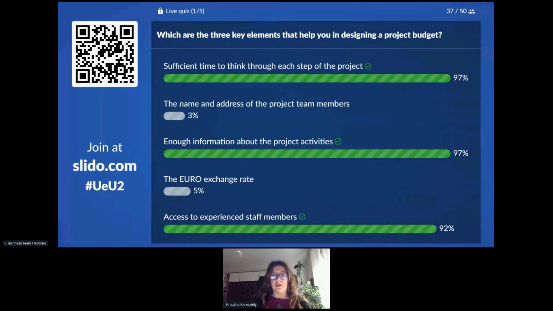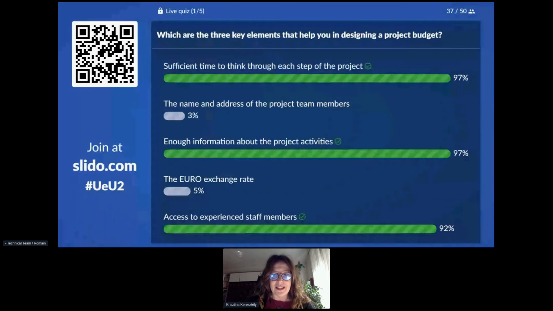This is needed in order to really create a good costing, to know every activity, and access to experienced staff members, because you need to know costing, project costing, and you need experienced appraisers as well in your team. But you don't need to have the name and address of your team members, and neither the euro exchange rate.